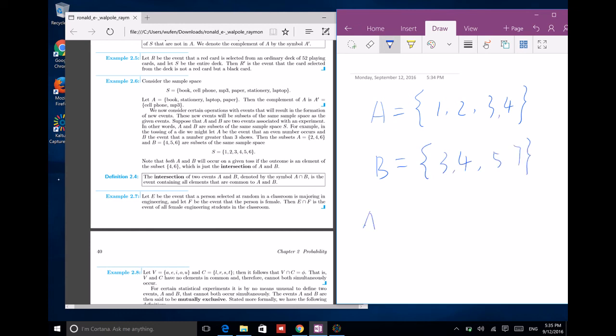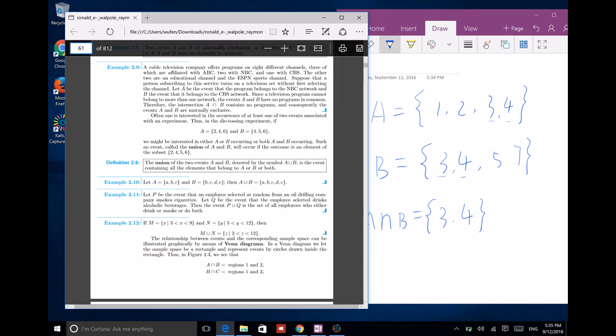Then A intersect B is going to be the common elements, 3 and 4. It contains all elements that are common to A and B.